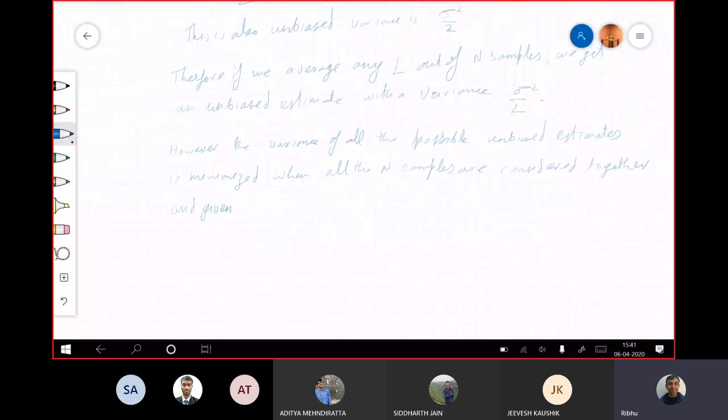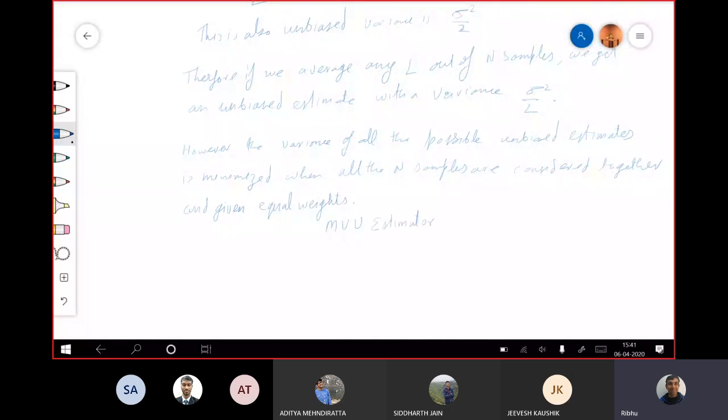And this is the case for this given example. So in general, we want to find the minimum variance unbiased estimate for any parameter.